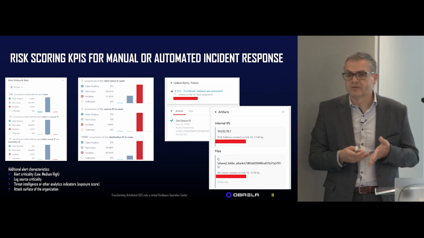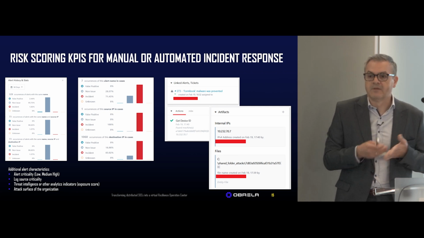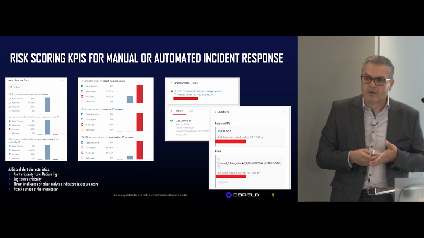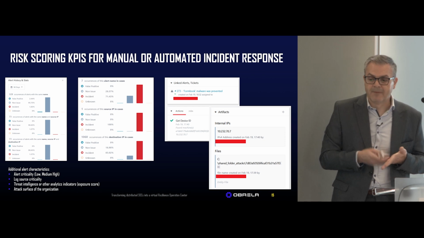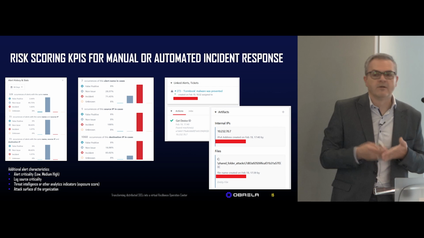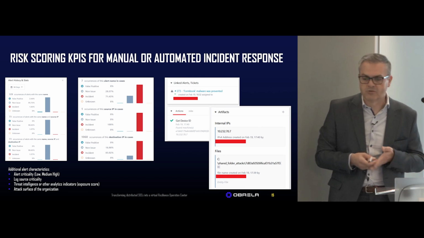This helps to shorten the triage time that the analysts require on alerts processing, and at the same time provide specific metric data to any collaboration with other teams. Remember the language issue that I mentioned earlier.